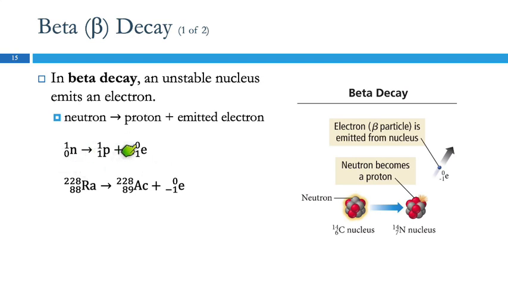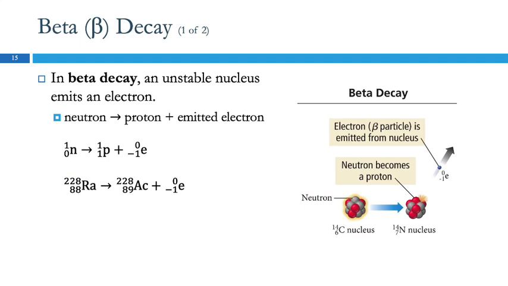The mass numbers are 1 on both sides, and the atomic numbers are 0 on both sides. So this is why the electron has a -1 atomic number, because when you form an electron, you're forming a proton. I'm sorry, the neutron is destroyed.